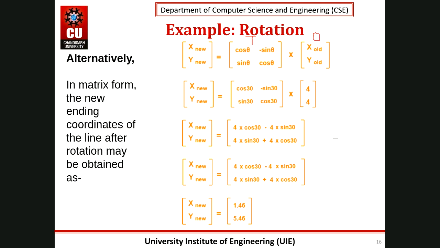The theta angle given to us is 30 degrees. So cos 30, minus sine 30, sine 30, cos 30. Now multiply with the point, that is 4, 4. After the multiplication, the answer will be the same as we calculated in the other method. So this is the alternate method, in matrix form, where we find the new coordinates of a line after the rotation.